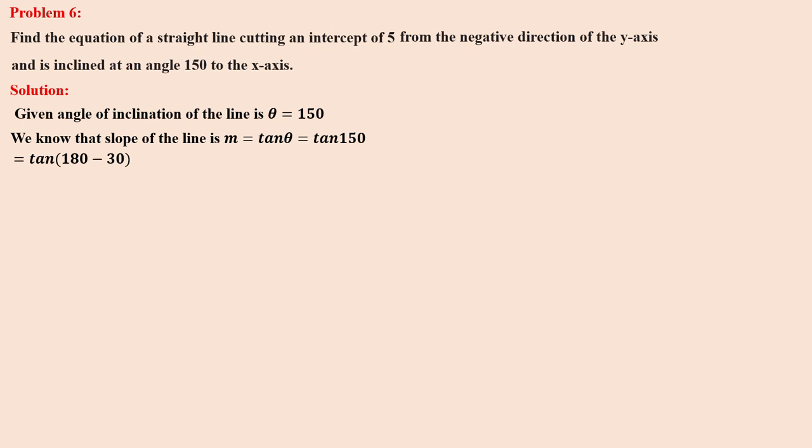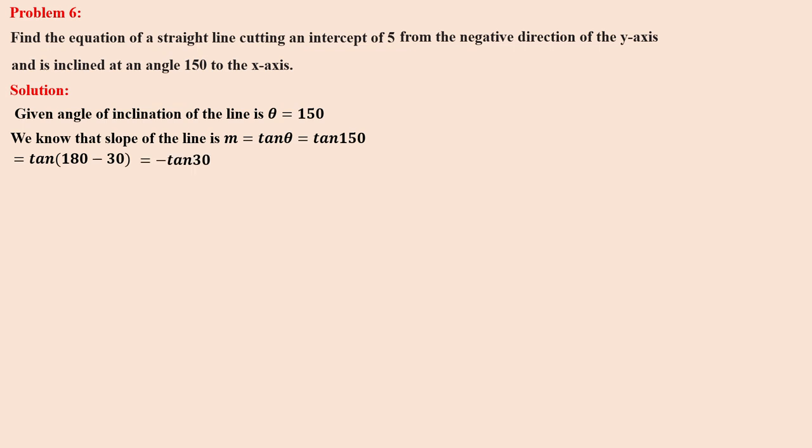So tan 150, we don't know the value of tan 150, that is why we are writing 150 as 180 minus 30. Otherwise you can do like this, 150 can be written as 90 plus 60. You can write that value also, whatever it is, you just have to convert, because then only we can easily find the value of this.